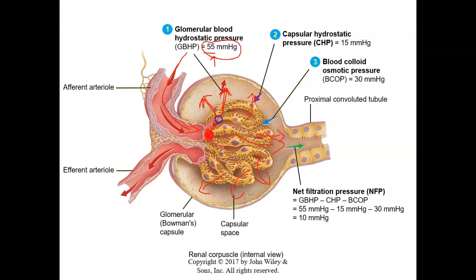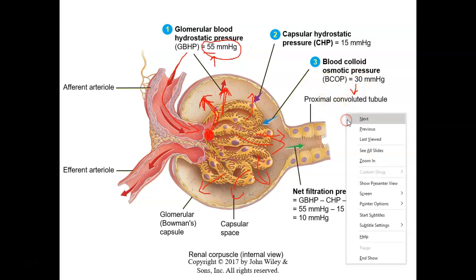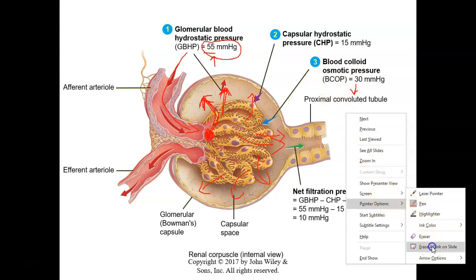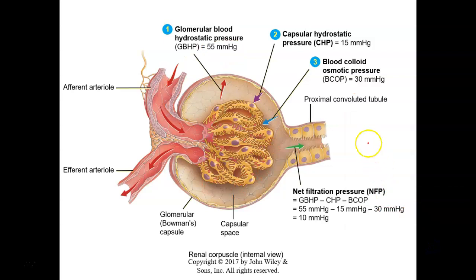If, because of renal disease, because of renal hypertension, more molecules are getting out of the bloodstream, that means there are fewer particles left in the bloodstream. If there are fewer particles left in the bloodstream, that means this pressure is going to go down. So it's all a pressure game.